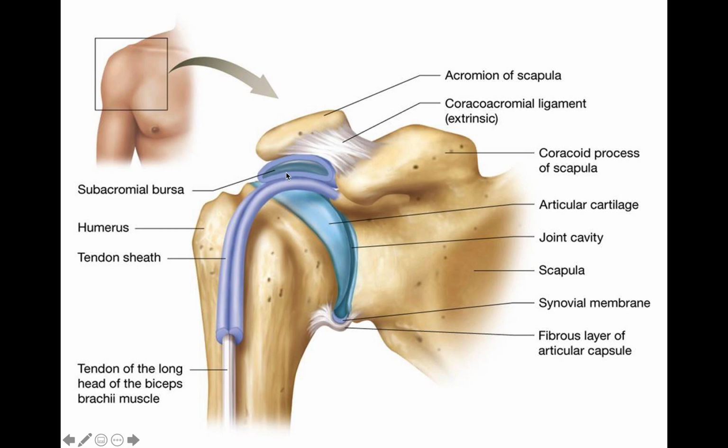Subacromial means that it's below the acromion process. So what is a bursa again? It's a fluid-filled sac filled with synovial fluid. It's a little pocket of synovial fluid that just helps with reducing friction, especially between bony processes within a synovial joint. So this is a bursa. This is showing you a tendon sheath.